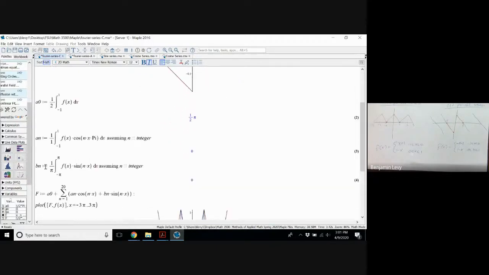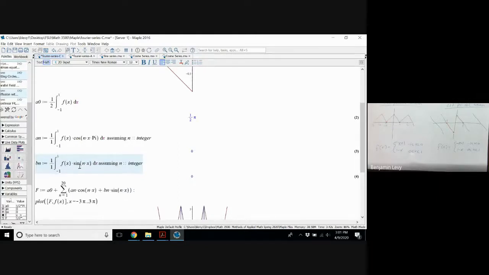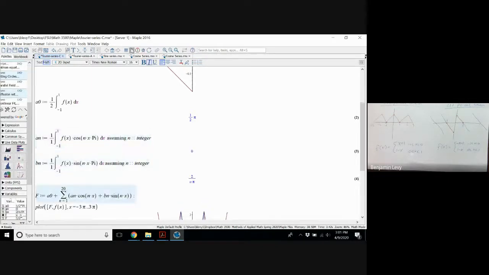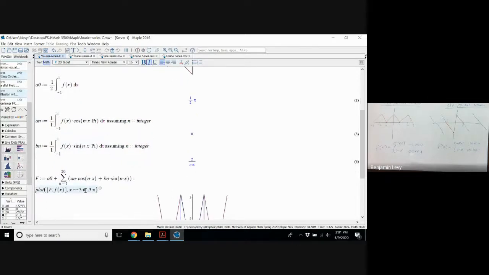I've got my first integral squared away. Let me get my second one squared away. And then this is doing 20 terms, and then let's go from -3 to 3.